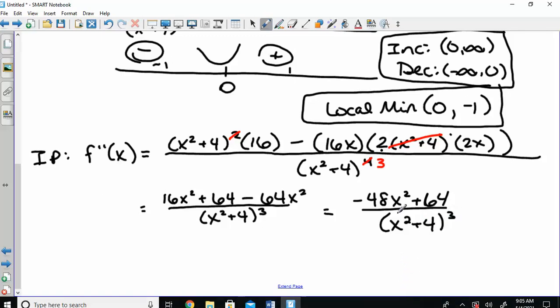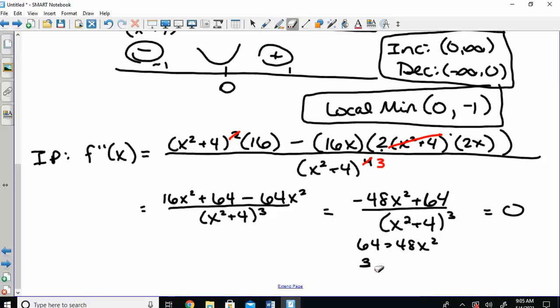Inflection point is where that derivative is 0 or undefined. So it's never undefined because the denominator doesn't equal 0. We've already done that a couple times. If you set the top equal to 0, if you divide the 48 over, what do we get? 64 and 48.